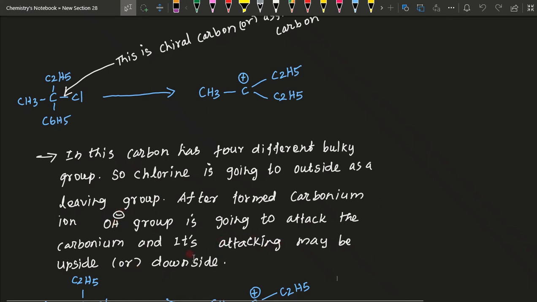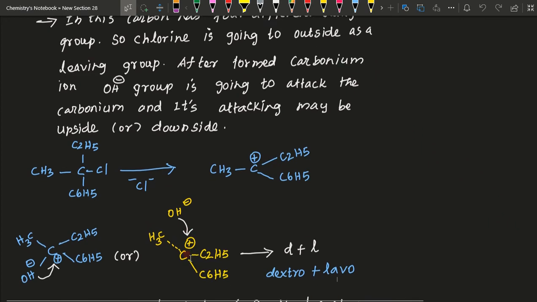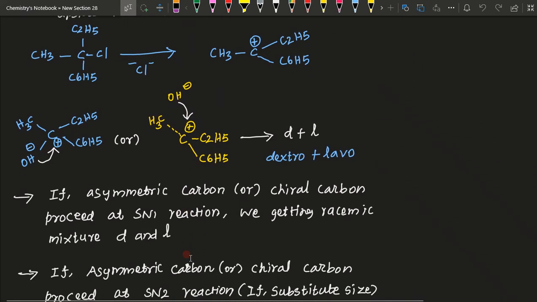The carbonium ion can be attacked from the upside or downside. If it attacks from the downside, this is the downside, this is the upside. So we get a DL mixture, dextro and levo mixture.